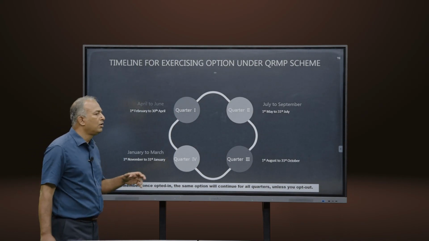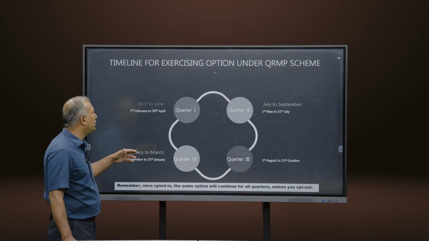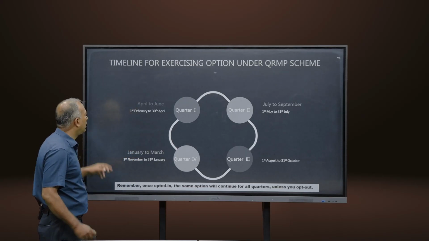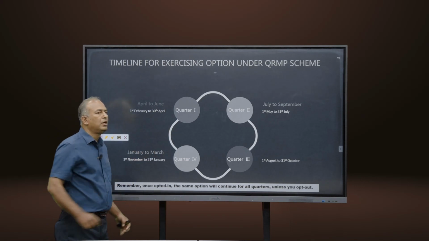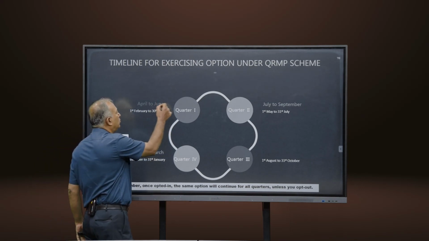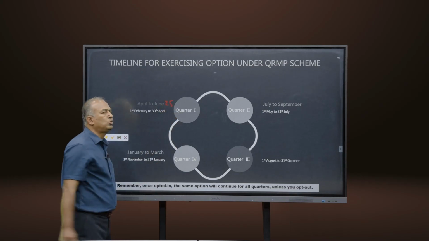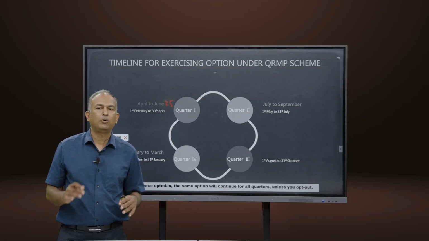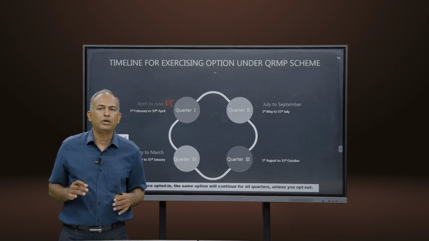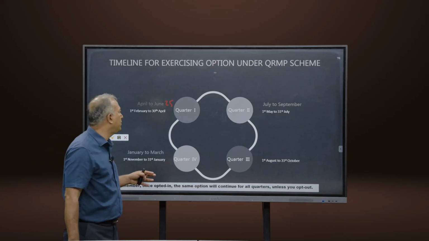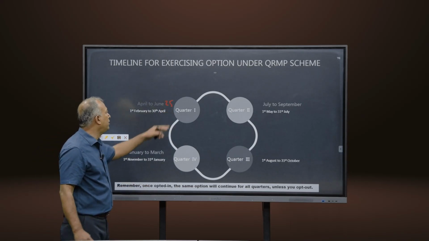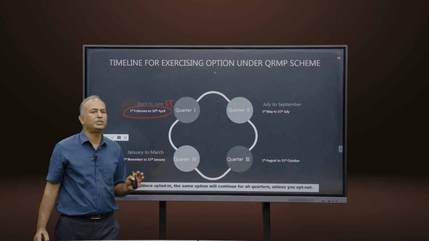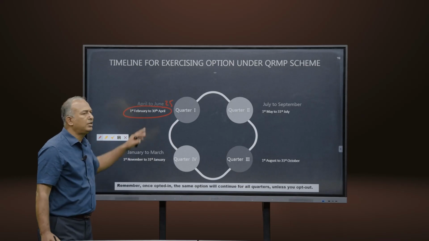When does the taxpayer exercise his option to get into the QRMP scheme? If it is for a particular quarter, say quarter 1, that is April to June 2025, and his turnover is less than 5 crores, and he wants to move into filing quarterly, into the QRMP scheme, he has to exercise his option within these 2 dates, that is, between 1st of February 2025 and 30th of April 2025.